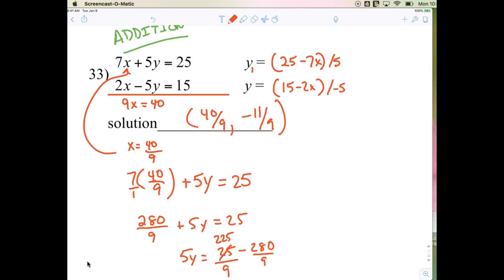Second, fraction. How do you get this? Second fraction.